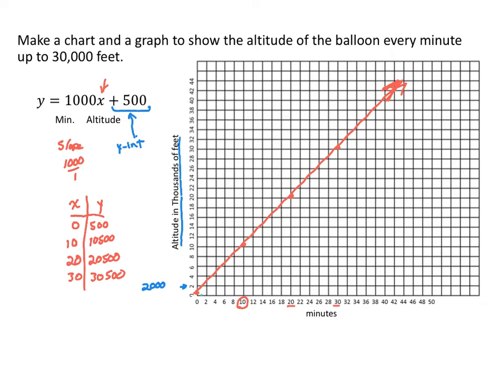So in 1 minute, could be right there, 2 minutes, 3, 4, 5, 6, 7, 8, 9, 10 minutes. Well, I kind of missed. Okay, and that's what we needed to have.